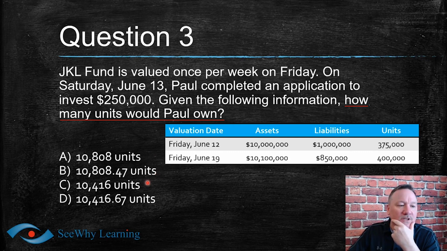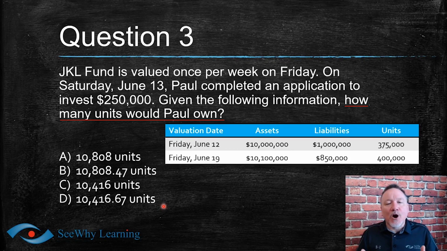C is also whole units, but D is also partial or fractional units. To answer that question, and this is covered in your study material, the answer is yes, you can definitely buy partial or fractional units with mutual funds. In fact, that's one of the things that separate them from shares. Very often, you can't do that with stock.